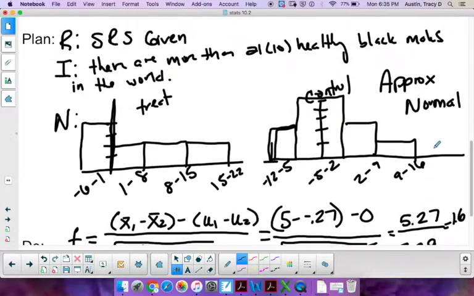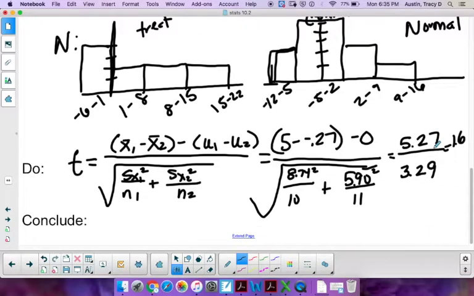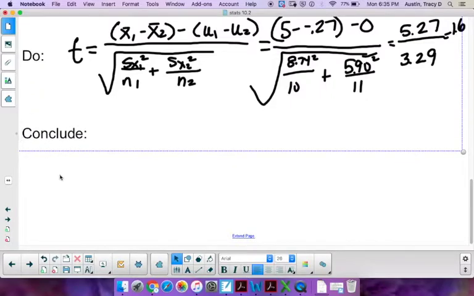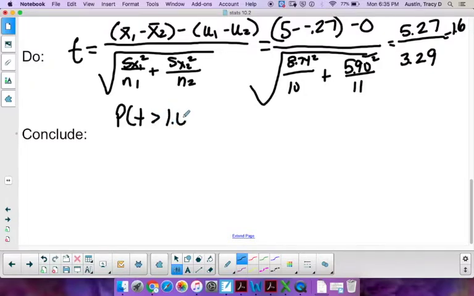Okay, so I just need to check real quick. Go back up. We are doing a greater than. Okay, but for a t-distribution, that doesn't really matter. We don't actually have to subtract from 1 or anything like that for a t, but just making sure. So, all right, so what we're looking for is the probability that our t value is greater than 1.6.